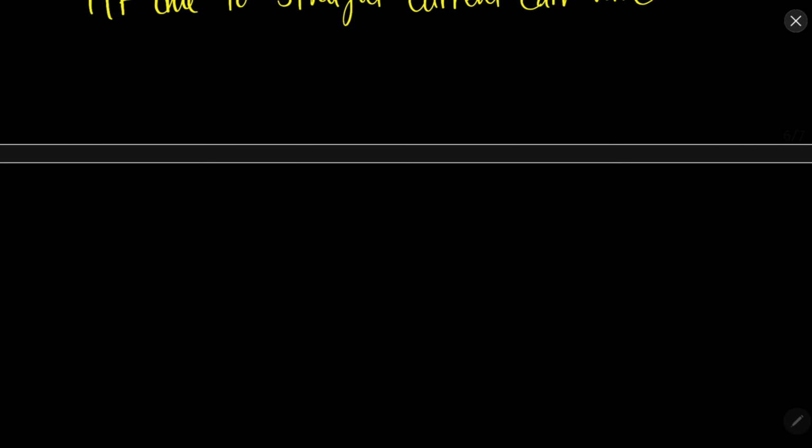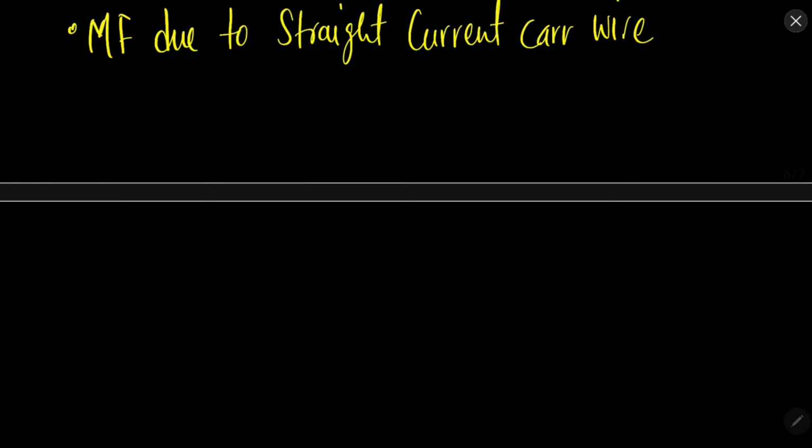Let us suppose that we have this wire and this point P. Let's take a circular loop around this wire, passing through this point. This will be our radius here, which is d.